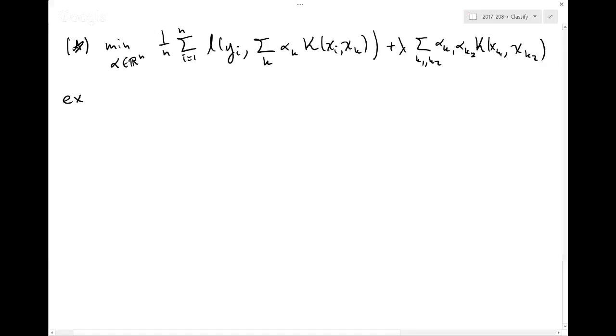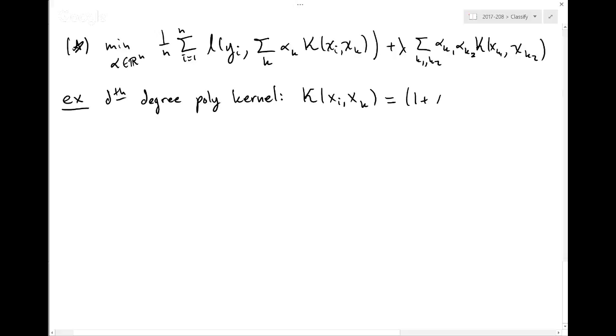For example, the dth degree polynomial kernel, if you have xi and xk, we're going to write it as 1 plus xi transpose xk to the d.